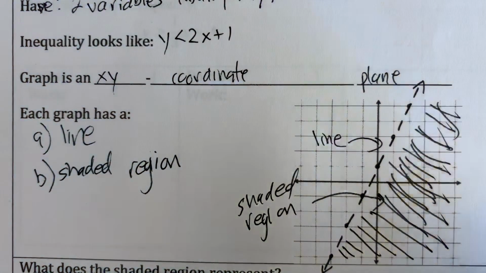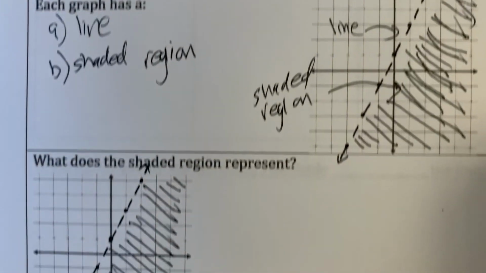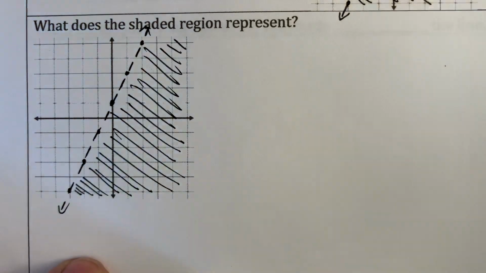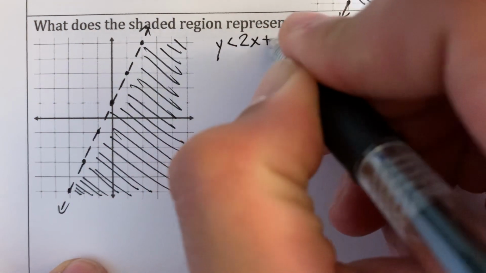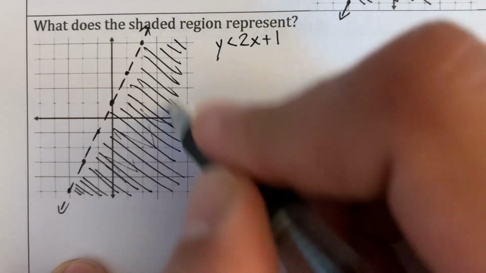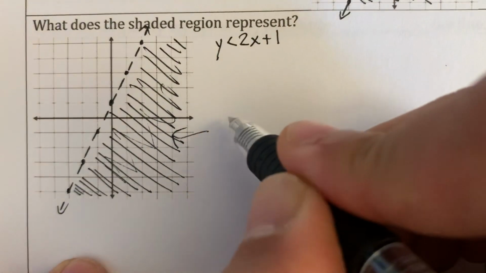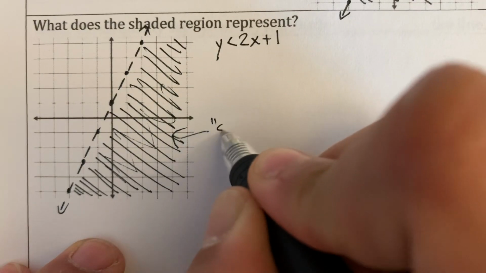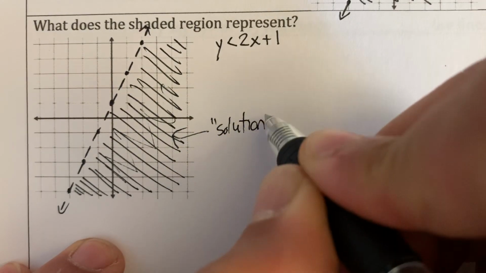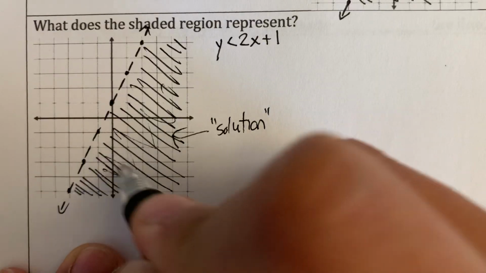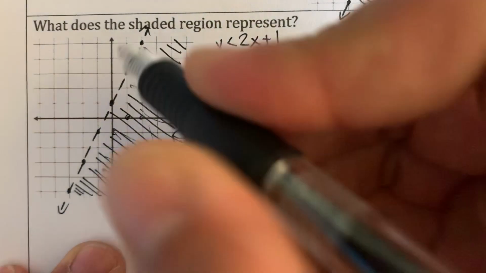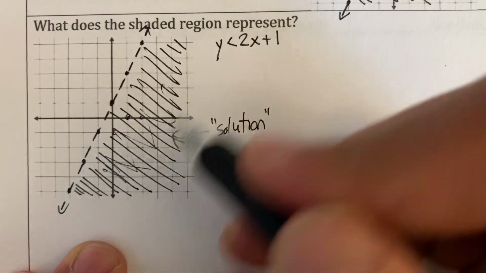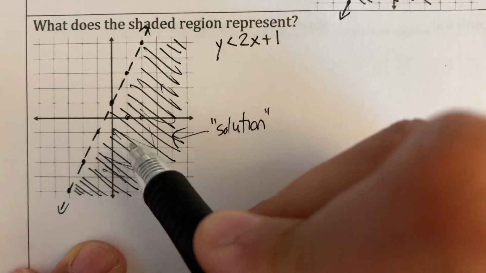This shaded region represents something very important. So we know the line, and now we have to go over what that shaded region represents. The inequality for this one is y is less than 2x plus 1. This shaded region right here, this is what we call the solution. And if you see here, we have lots of solutions, right? We have all these points that are considered solutions. So with inequalities, there is more than one number represented. All these numbers are solutions.